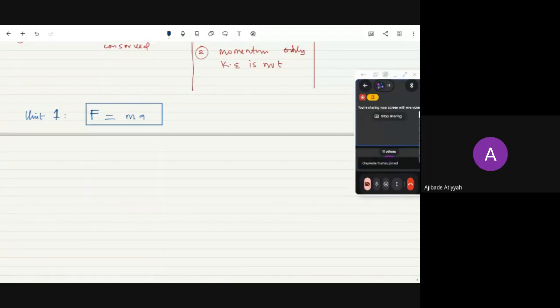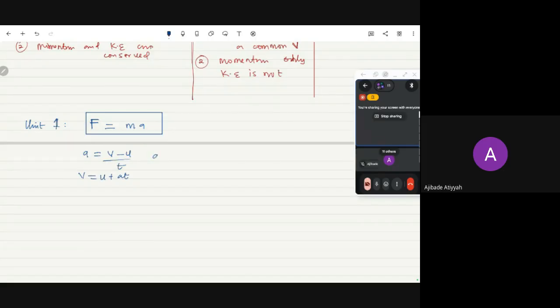Now, since we know A to be equal to V minus U over T, from V is equal to U plus AT, we also know A to be V squared minus U squared over 2S, from V squared is equal to U squared plus 2AS.